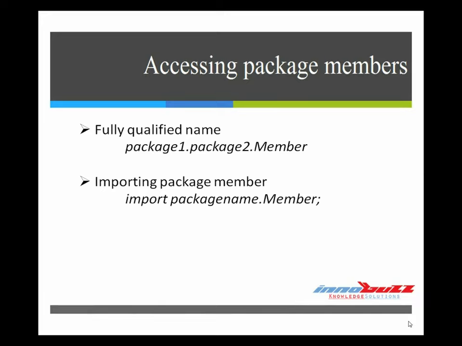Of course, if we have a more complex package structure, then we use all the package names. After this, we can reach the member by only the name. For example, if this is a class, then we can create objects from it just as if it was in our own class, our package.